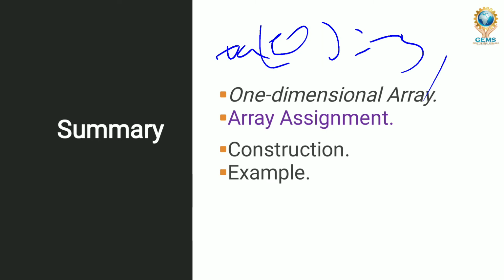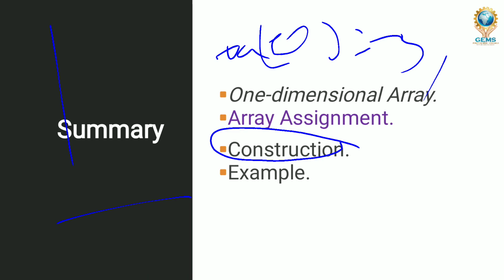Construction means, as already said, how to construct a one dimensional array. Till now we discussed what the one dimensional array is. It may be a vertical or horizontal bar, and one dimensional declaration, which we have already seen.